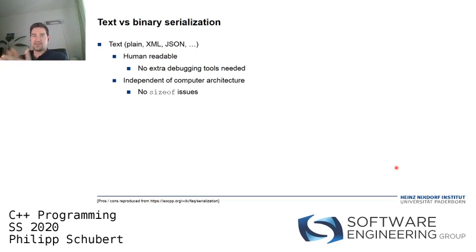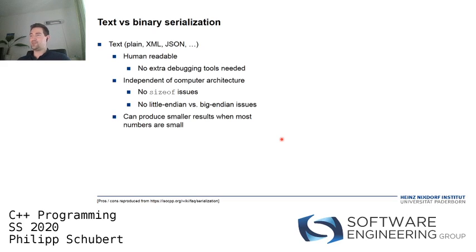Then you have some size issues depending on the platform and architecture. So that does not happen if you use text. Also no little versus big endian issues. If you don't know what that means, doesn't matter. If you wish to know what that means, you can look it up. And it can also produce smaller results when most of the numbers that you are going to store are small. For text, it doesn't really matter.